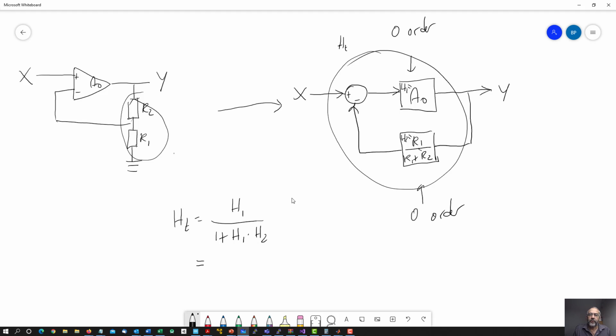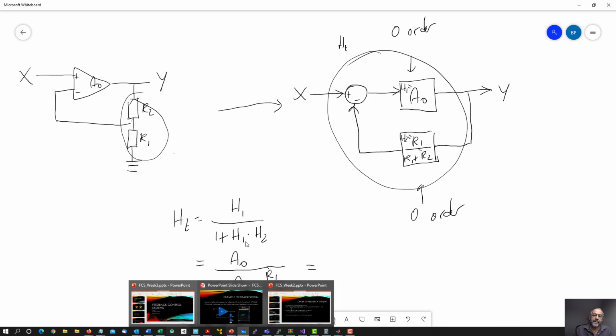And that is, well, H1 is A0. And here we have 1 plus, again, H1, so again A0, multiplied by H2, and H2 is R1 divided by R1 plus R2. So this is our transfer function for the whole system.